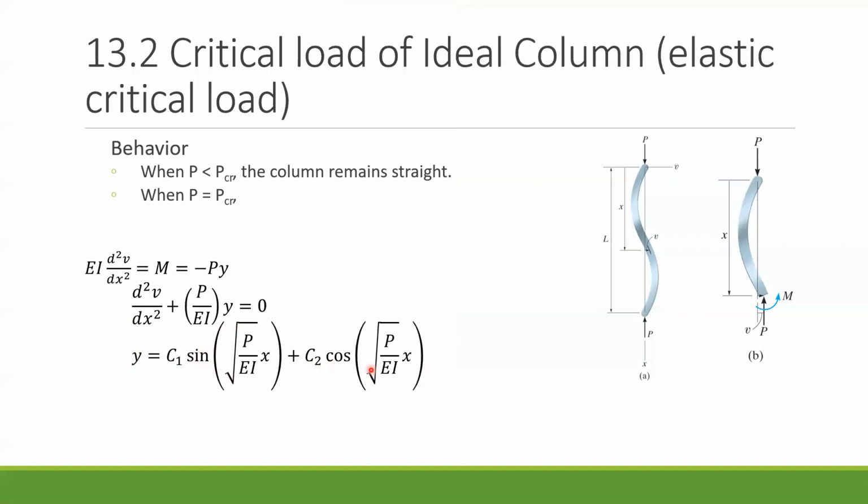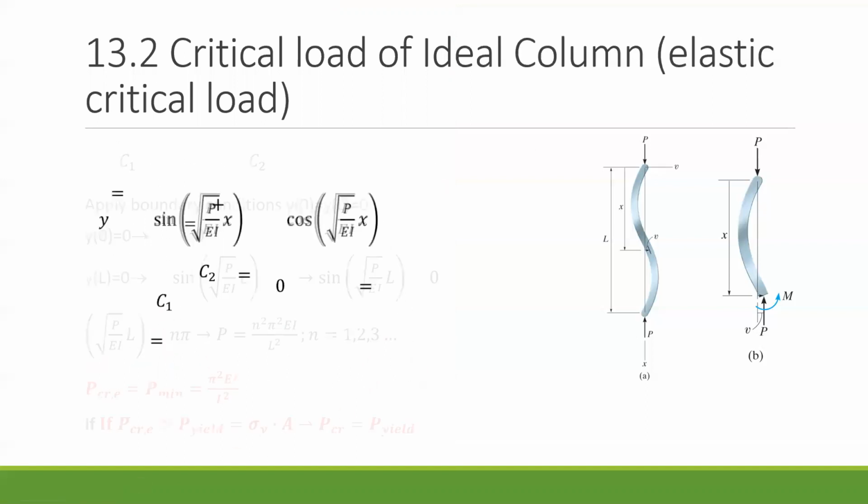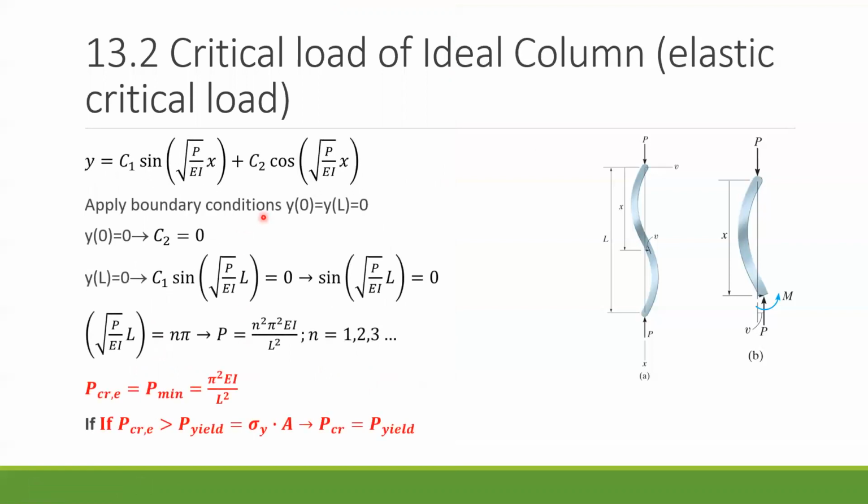In order to find the two coefficients, we apply the boundary conditions. At both the first and second ends, we know the deflection is equal to 0, because pin supports are available at both ends. Therefore, the deflection is equal to 0.